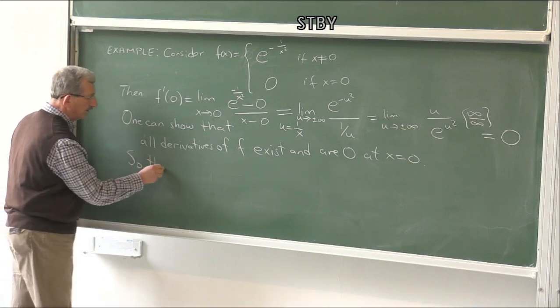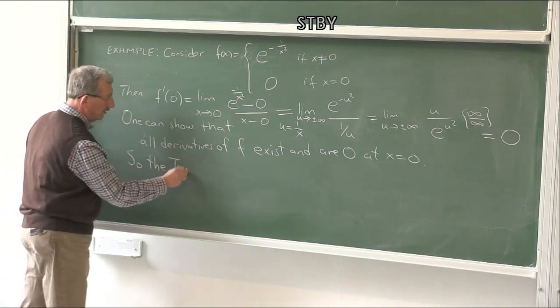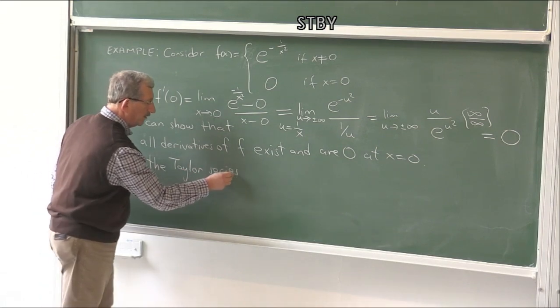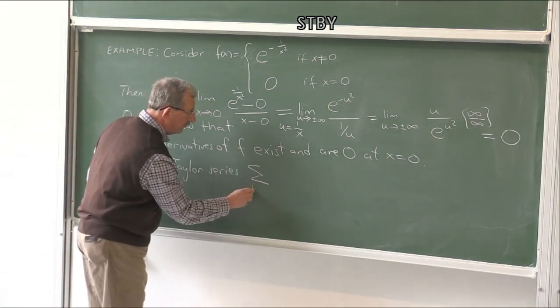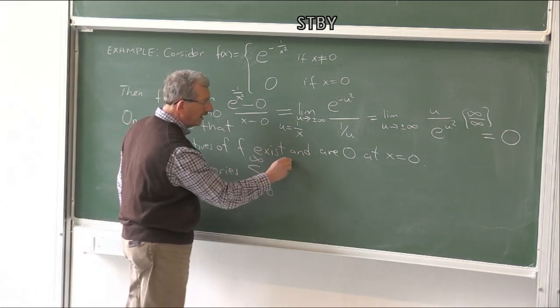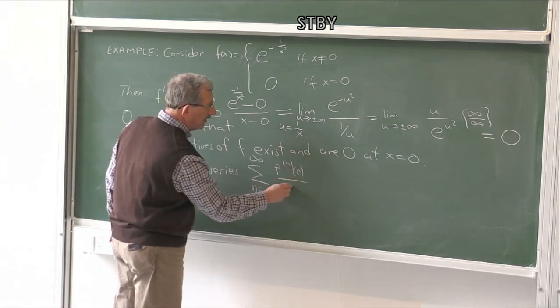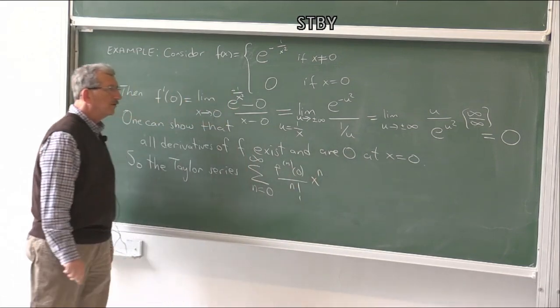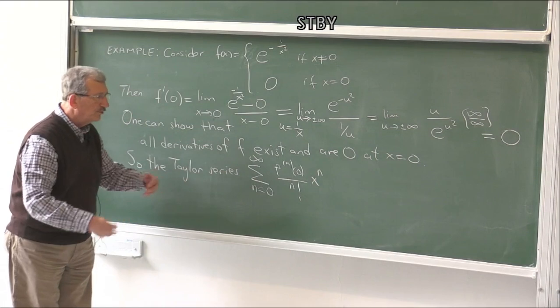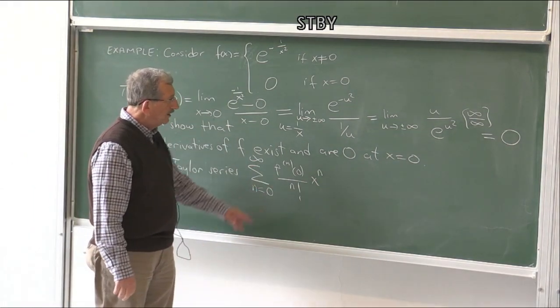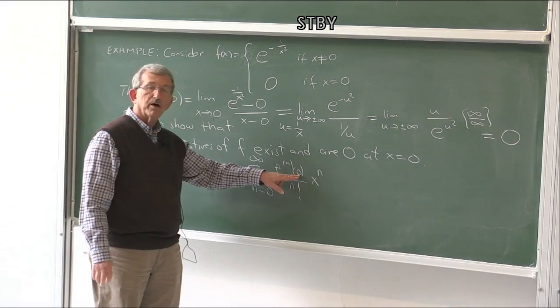So the Taylor series would be the sum from n equals 0 to infinity of the nth derivatives at 0 divided by n factorial times x to the n. So we are expanding it around 0, like our x0 is 0. But all derivatives at 0 are 0.